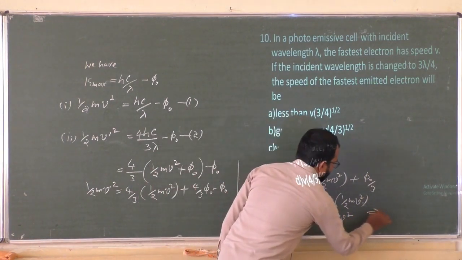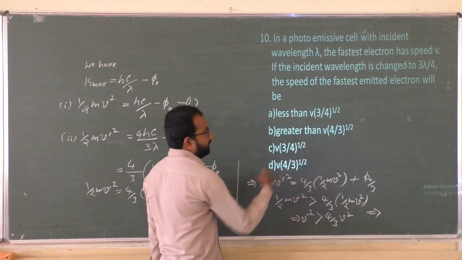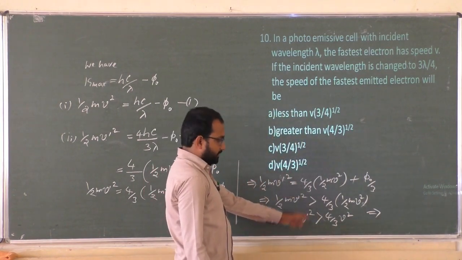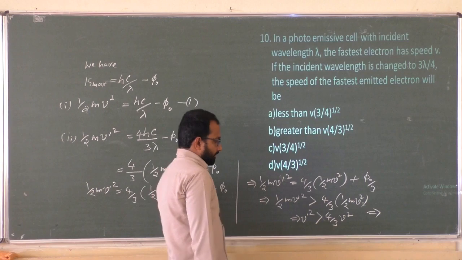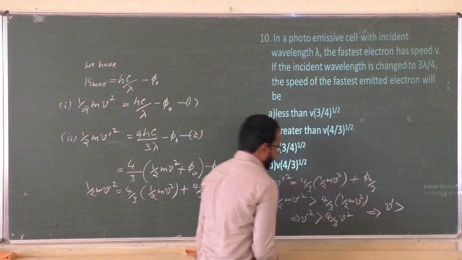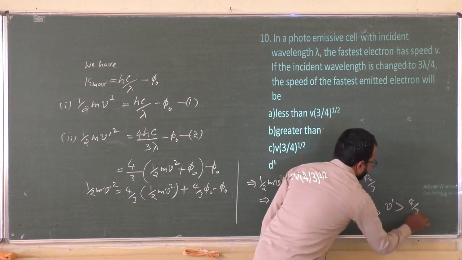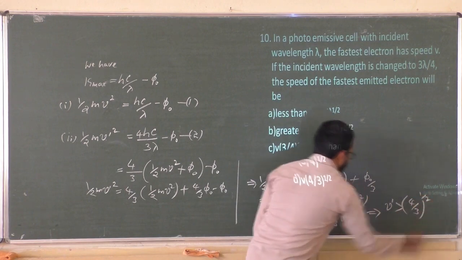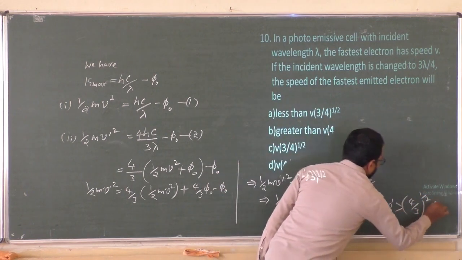If I take the square root, v dash is greater than 4 by 3 to the power half into v.